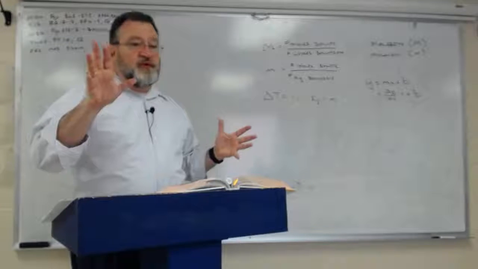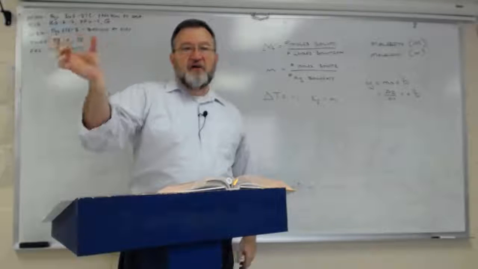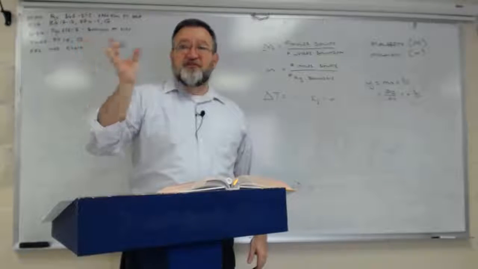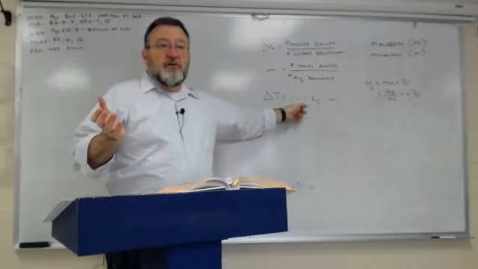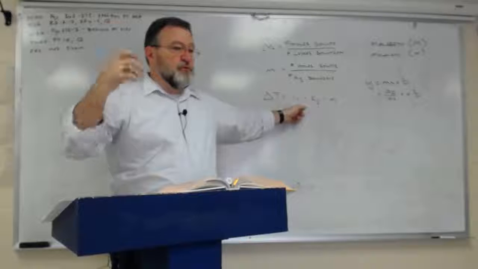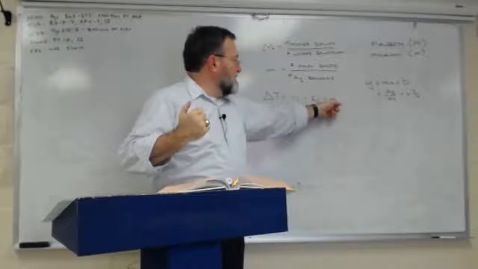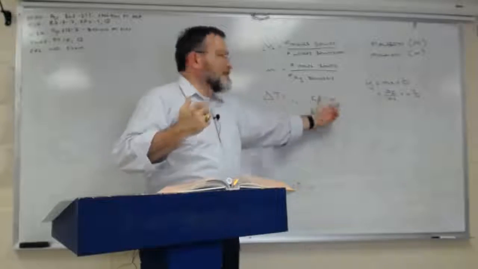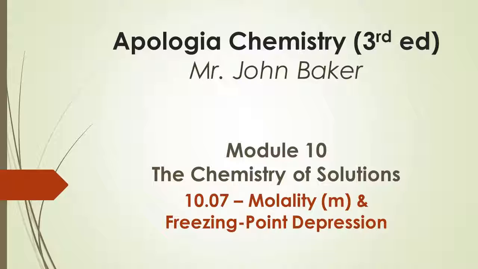Notice too, real quickly, that 1.86 for water, degrees Celsius per molality, that's a derived unit, right? Why does it have to be that way? The i is always going to be a number, an integer. Just 1, 2, 3, 4, 5, whatever. What are the units? There aren't any. So it has to work out so that the units left over are degrees of temperature, which is why it's degrees Celsius per molality, so it cancels out the molality.